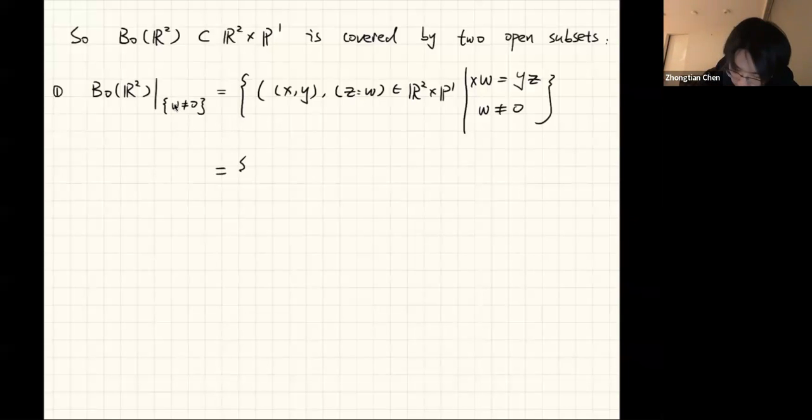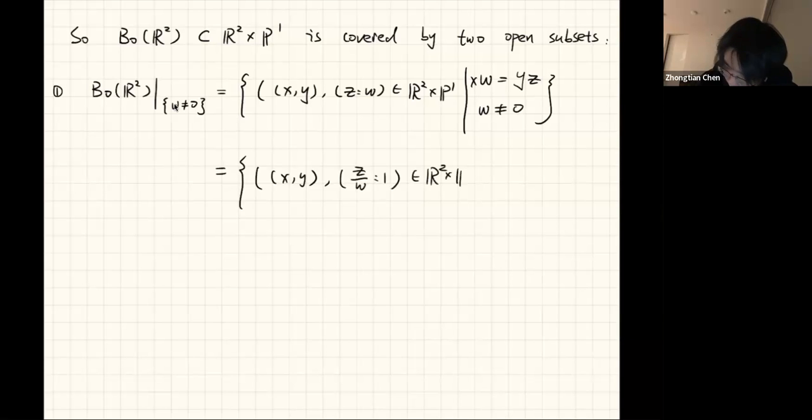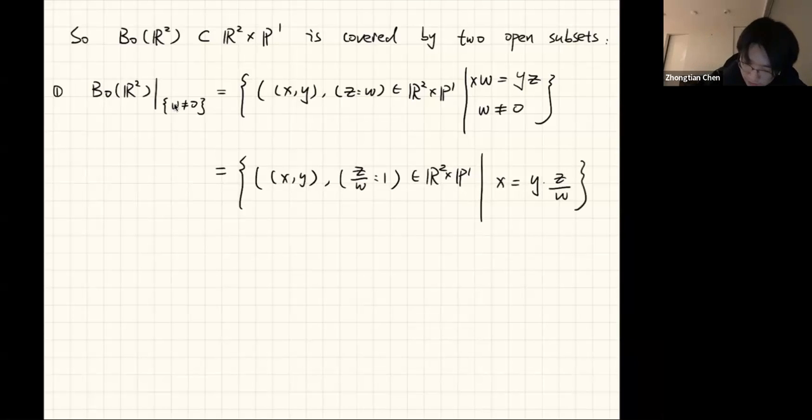And we can compute this. Again, because w is non-zero, you divide by w. Then the constraint also becomes x equals y times z over w. Now you can drop this coordinate.